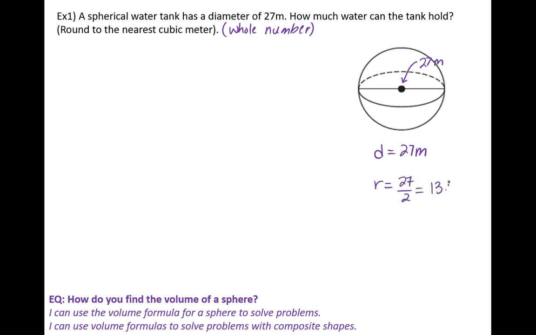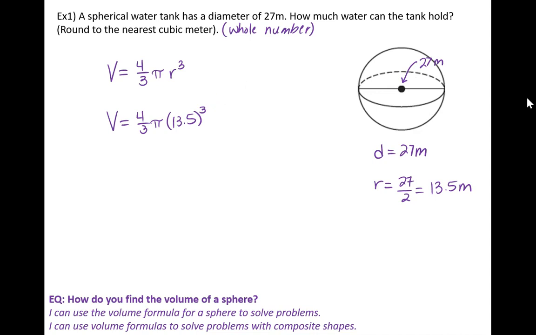I get 13.5 meters for my radius. Then I'm ready to use my brand new formula. Volume equals 4/3 pi r cubed. I have my radius. So here goes. Volume equals 4/3 pi. My radius is 13.5, and that's going to be cubed.